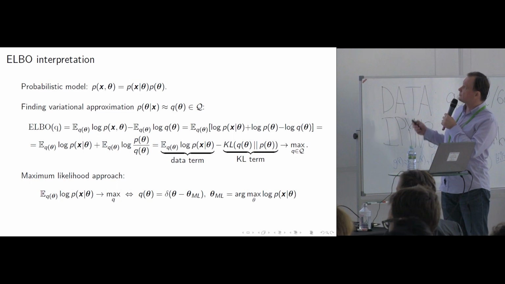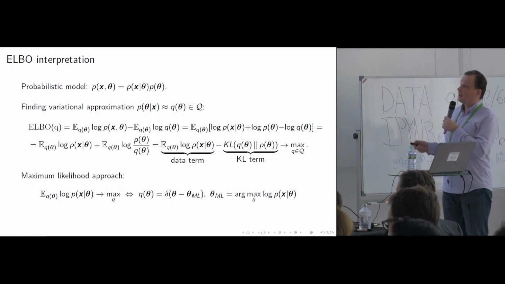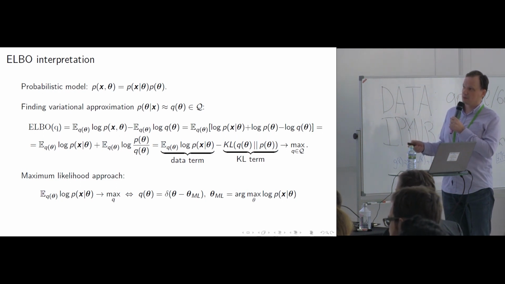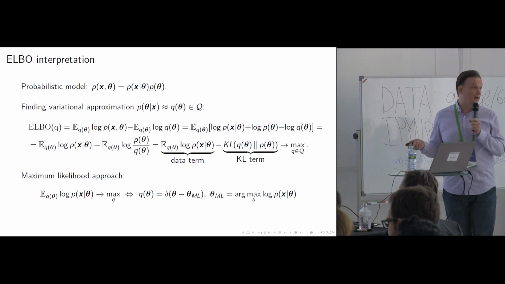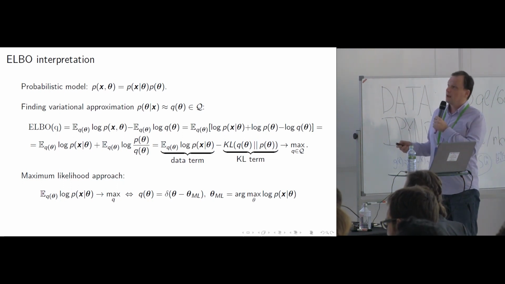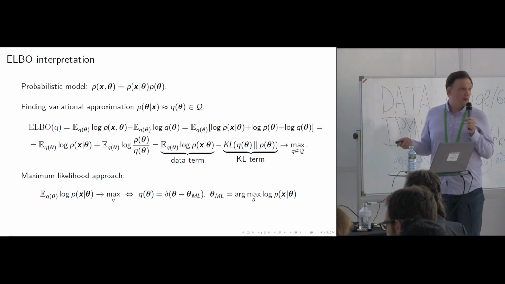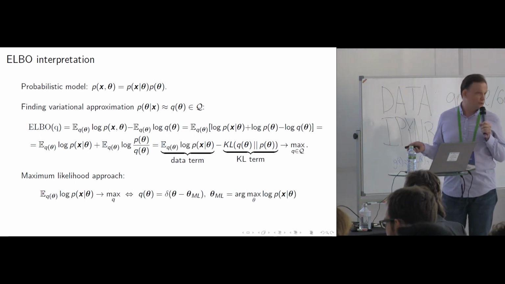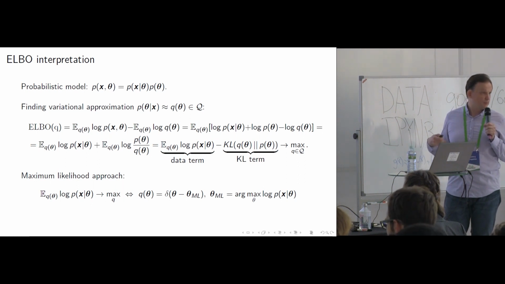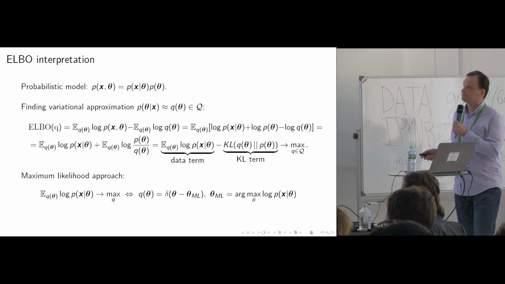And then let's unite the last two terms into one expression. And so we have finally the sum of these two terms. The first one is the log likelihood function averaged by our posterior distribution Q. And the other term is actually the minus KL divergence between the prior distribution and our posterior approximation Q.